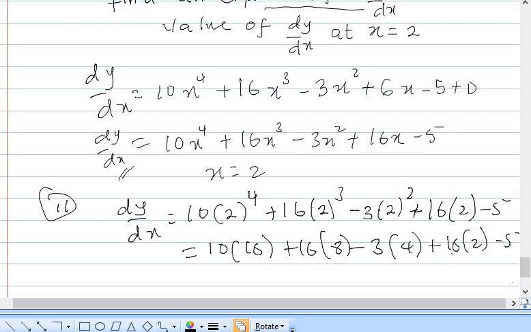So after computing the value, the answer should be equal to... sorry, I think we have made a mistake here. It's just 6, it's not 16, so here is just 6, but let us confirm and see.